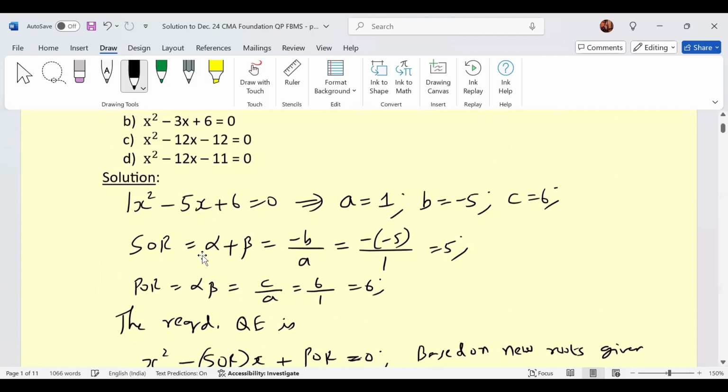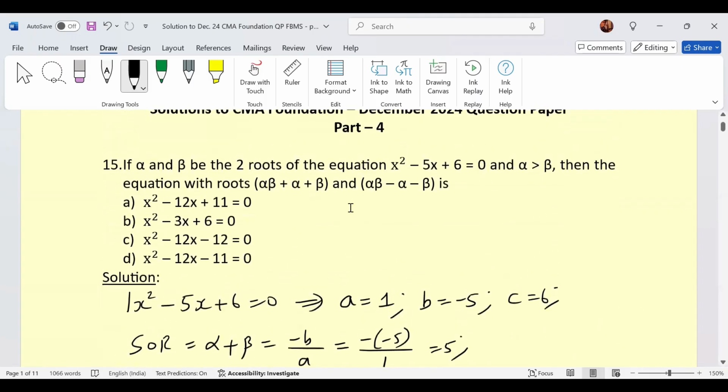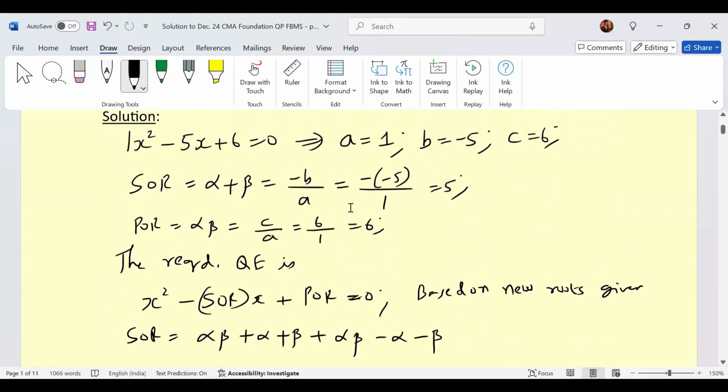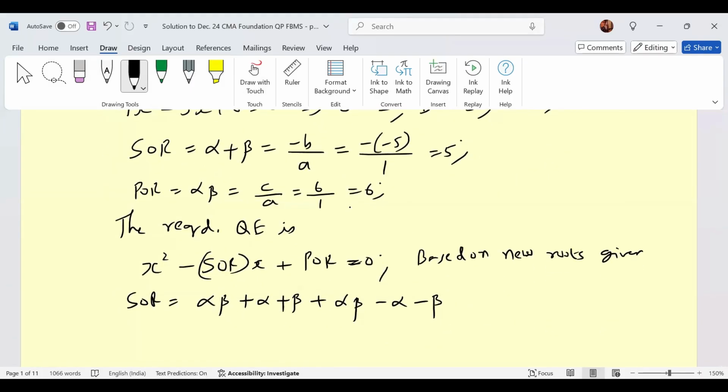That is what they give. Alpha beta plus beta, alpha beta minus beta. So here beta gets cancelled, minus beta plus beta. You get 2 times alpha beta. And we have the value of alpha beta as 6. So this will be 12.